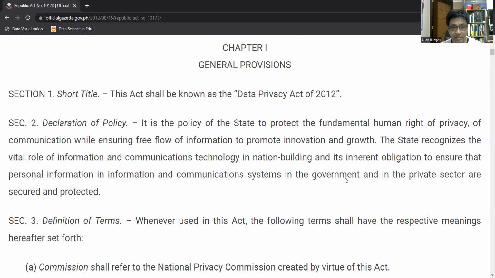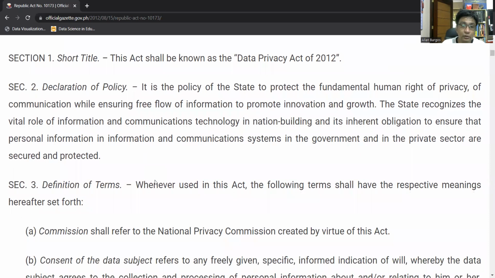The fundamental human right of privacy is actually guaranteed in our Constitution. It is really our right. The state recognizes the vital role of information and communications technology in nation building and its inherent obligation to ensure that the personal information in information and communication systems in the government and in the private sector are secured and protected. So the constitutional right of privacy is guaranteed by this law.